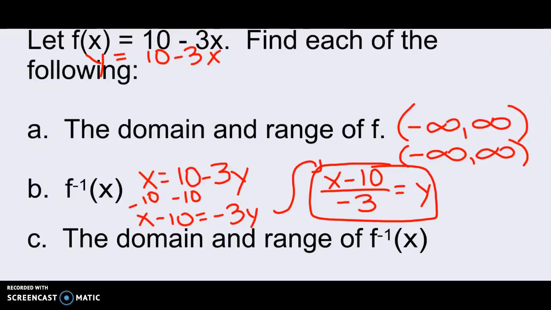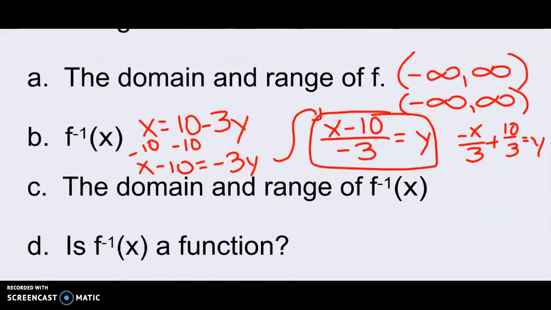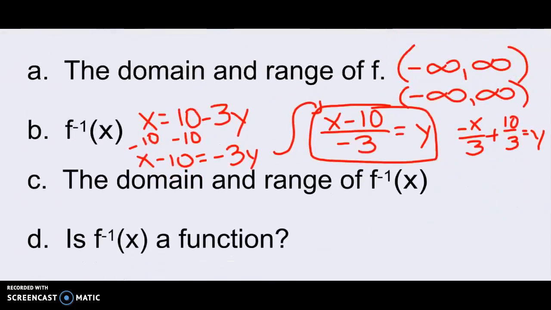So you can change it to say negative 1/3 x plus 10/3 is equal to y, or equal to f inverse of x. So we'll go ahead and put that in there. It stayed linear, of course, because the inverse of a linear function is always going to stay linear.